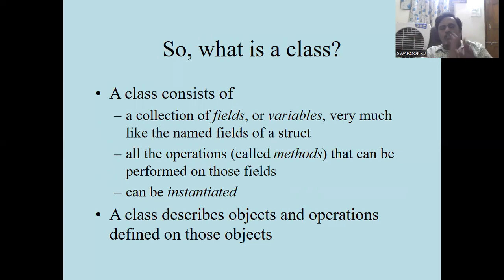Whatever operations we are performing are called methods. We perform these operations on the variables, which we call member data. So a class contains the member data as well as the methods. We will perform operations with the help of methods on the member data.